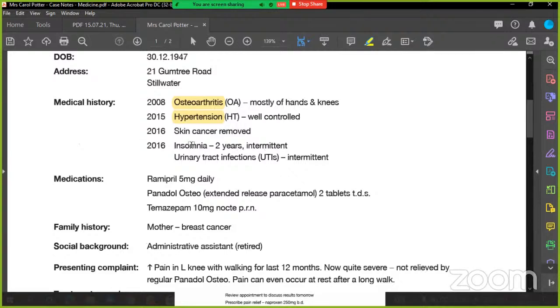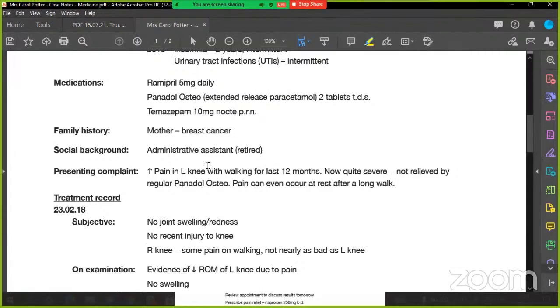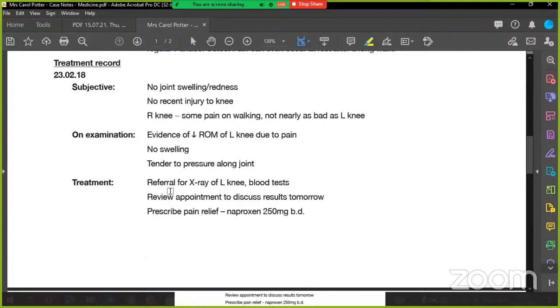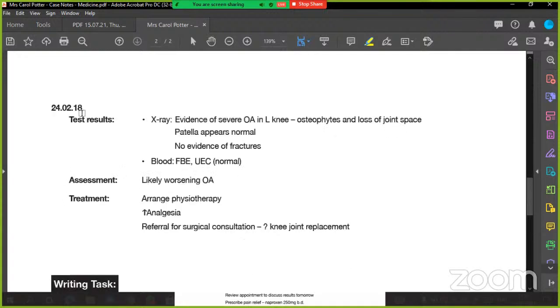Urinary tract infections. Okay. Right. For which these are the medications. Now let us go further. Treatment record. Recent test results. Evidence of severe osteoarthritis in the left knee.